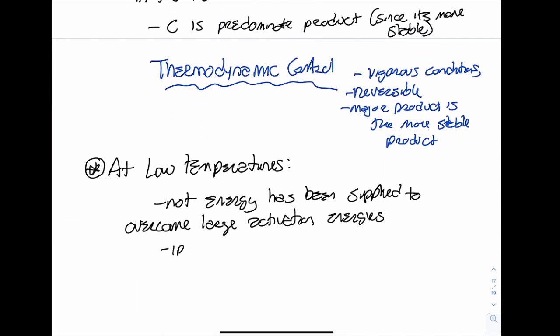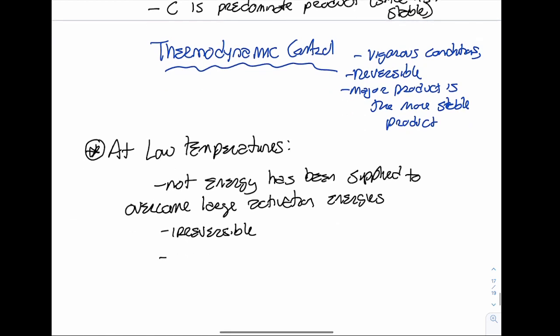Tends to be irreversible. And then B is the predominant product. So kinetic control.